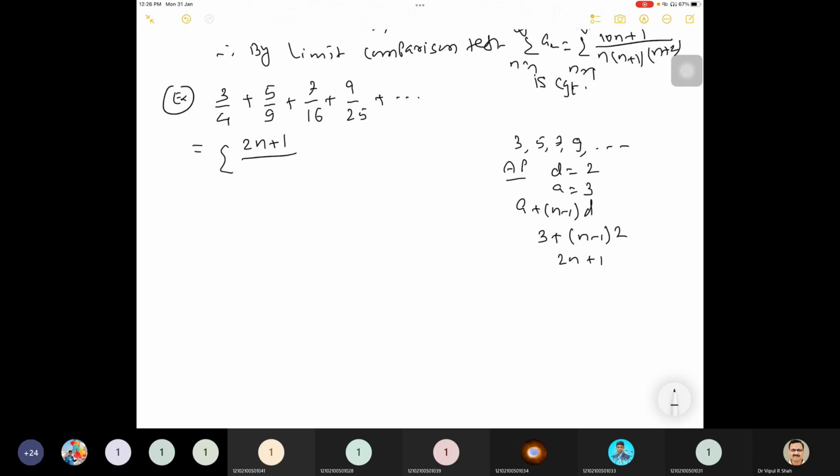Okay. And what is this one? 4, 9, 16, 25. These are all perfect squares. N square? Not n square, because this is 2 and our first term is 1. So this is n plus 1 whole square. Agree or no? Yes, sir. So this series is like this.